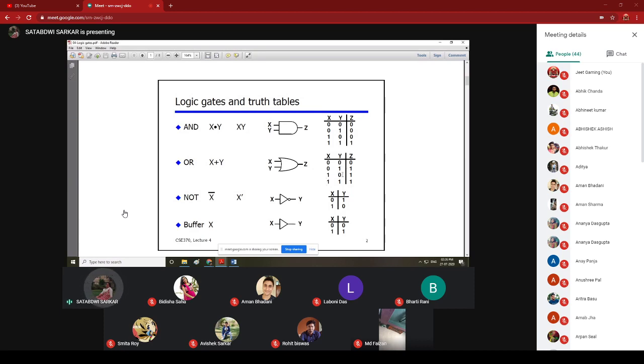These are the input combinations, and the output is z. Depending on this symbol, x and y are the inputs and z is the value of x plus y. So 0 plus 0 is 0, 0 plus 1 is 1, 1 plus 0 is 1, and 1 plus 1 is 1. So this is the OR gate.